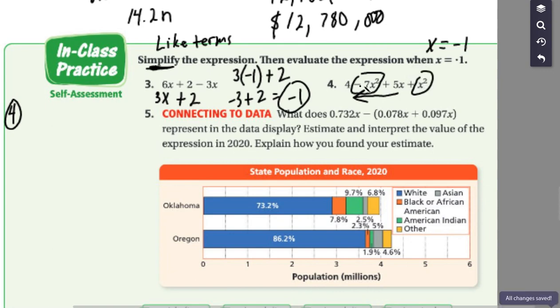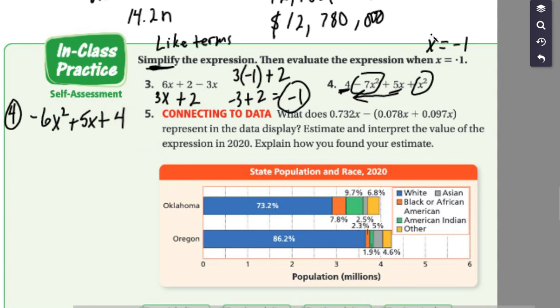So it's going to be negative 7 minus 1, which is negative 6x squared. Then we have nothing to combine with the 5x, so we just put the x to the first. And then we have the 4. Don't forget about this 4 right out here. So we're going to say plus 4.